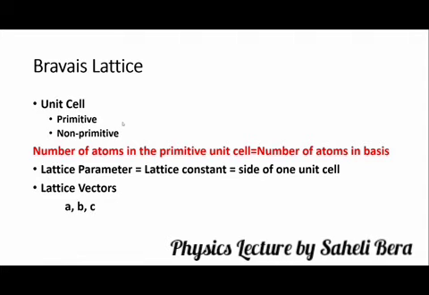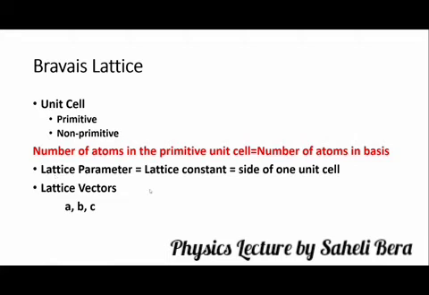If the unit cell is primitive, it has only one lattice point. Non-primitive means it can have more than one lattice point. So the number of atoms in one primitive cell is equal to the number of atoms in the basis.